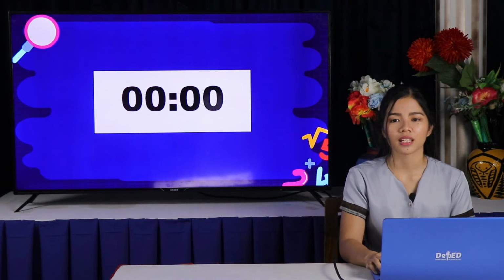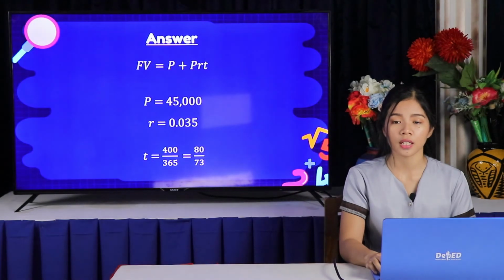Time is up. Let's check your answer to the second problem. Since we want to know the amount Sophia must pay on the maturity date, we will use the future value formula for simple interest. Recall that the formula given is FV is equal to P plus PRT.